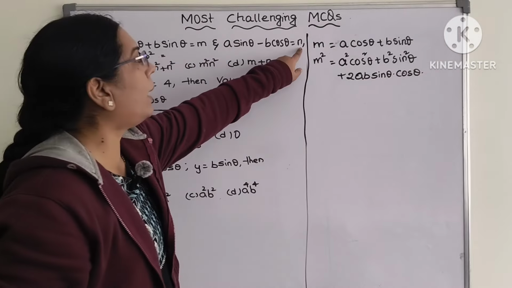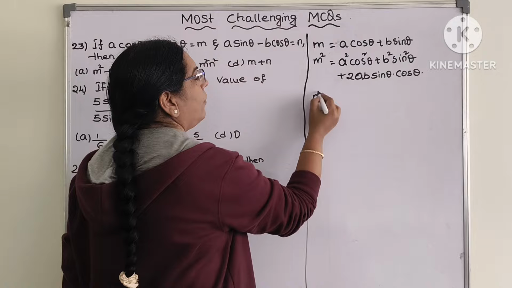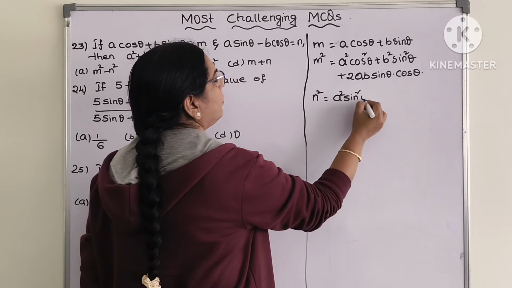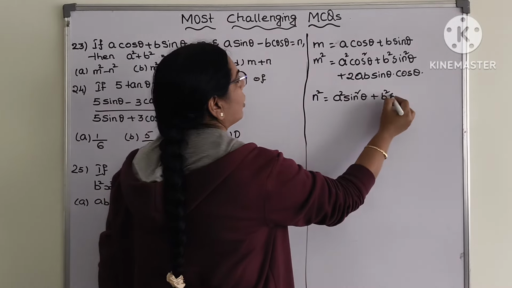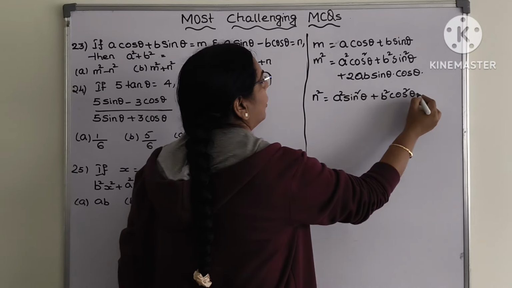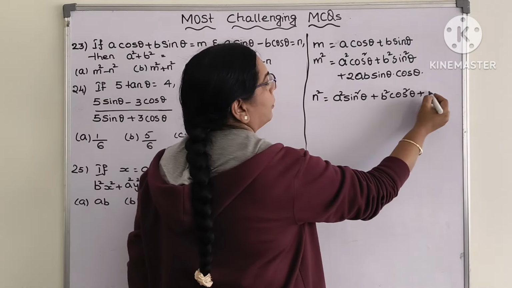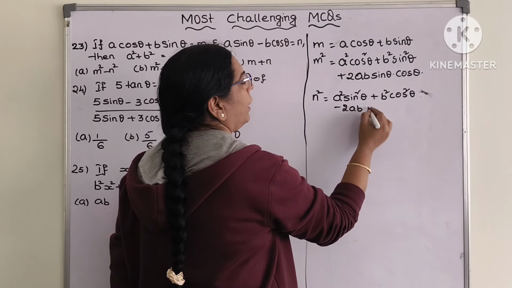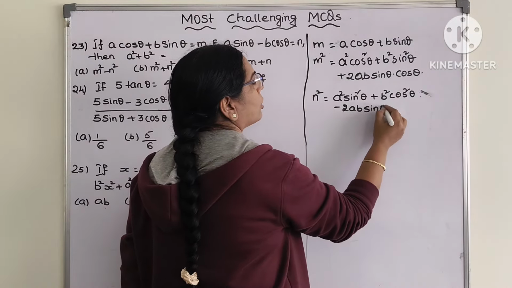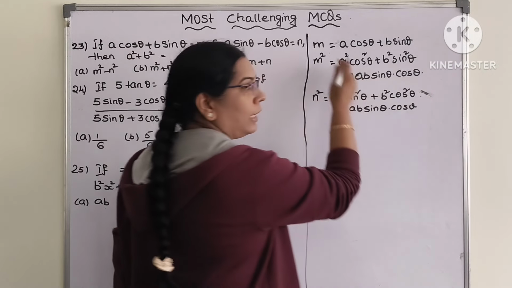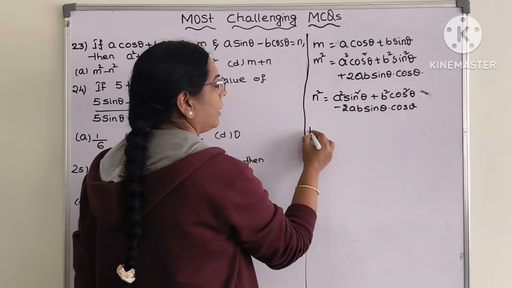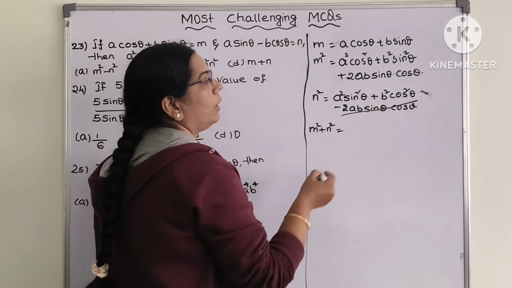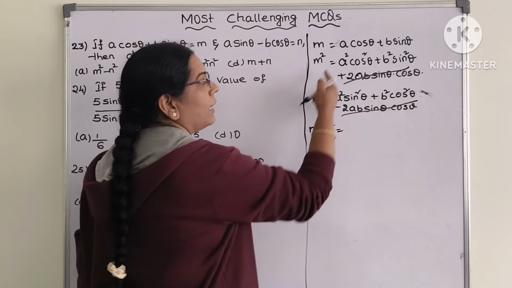Similarly, if I square N, N square will become A square sin square theta plus B square cos square theta, not plus, minus 2AB sin theta cos theta. Now add LHS to LHS, RHS to RHS. So M square plus N square will be, minus 2AB plus 2AB, this will be cancelled.